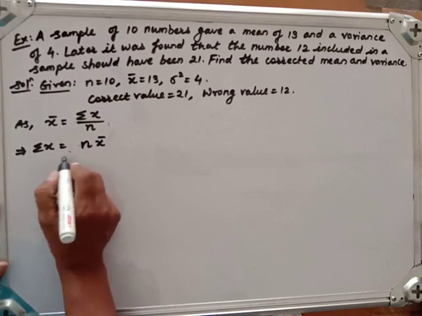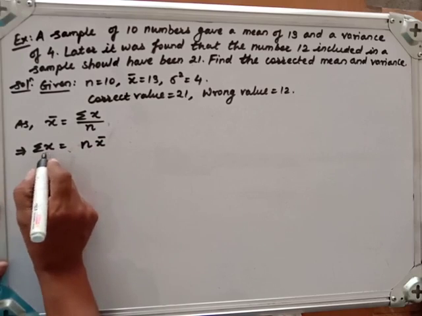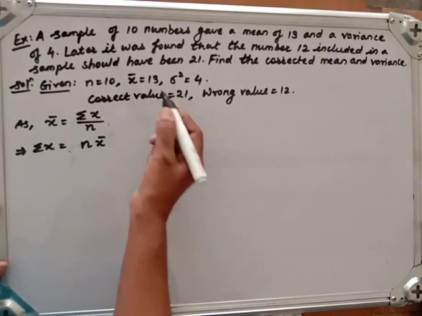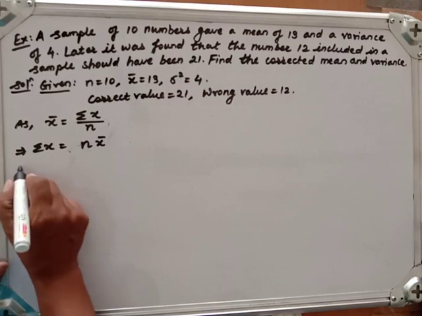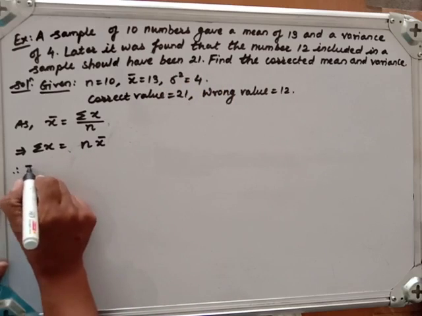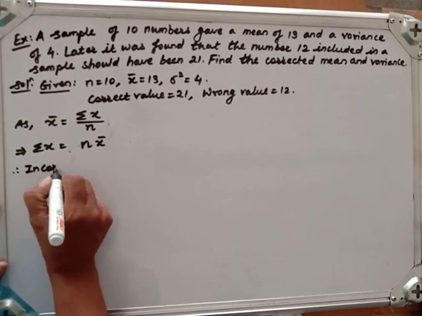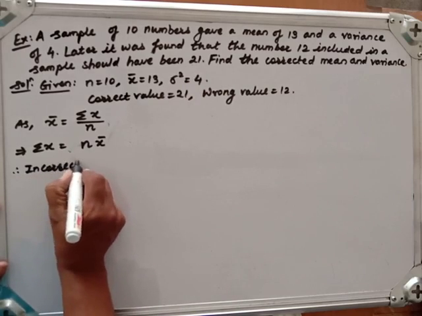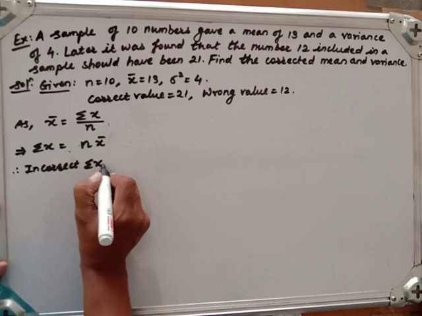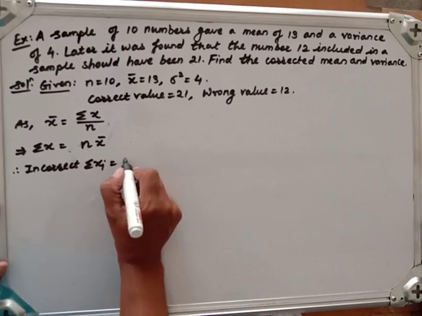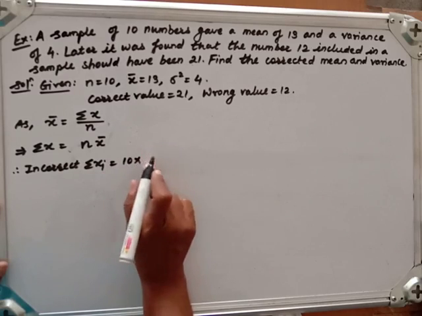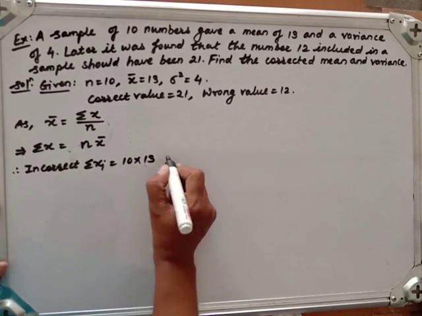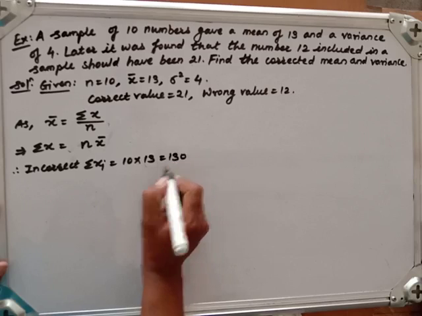Now we have n, but x bar is incorrect, as the number is incorrect. Therefore, incorrect summation xi is equal to 10 into 13, so it will be 130.